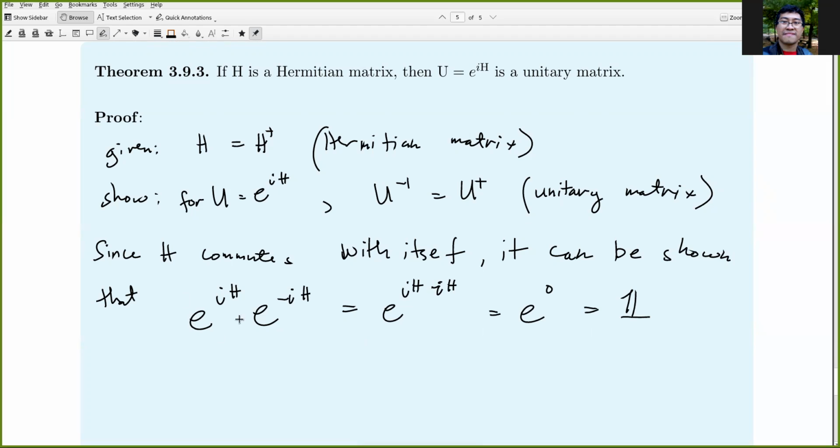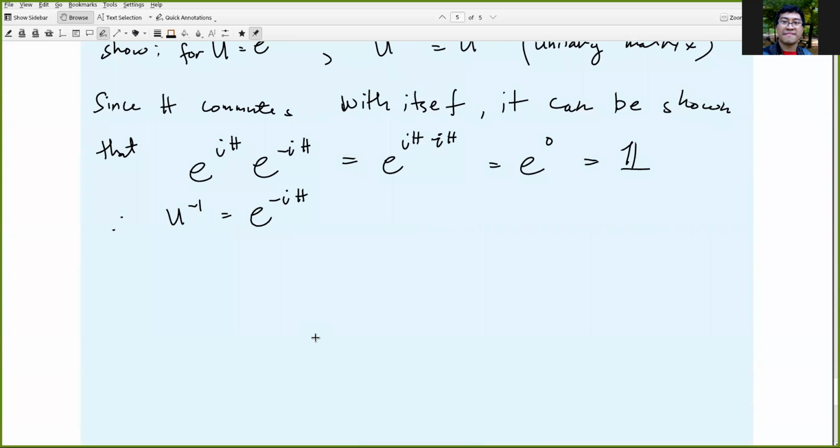So if you have a matrix U times something gives us the identity matrix, then it means that this something is your inverse. Therefore, U inverse is e to the minus iH.